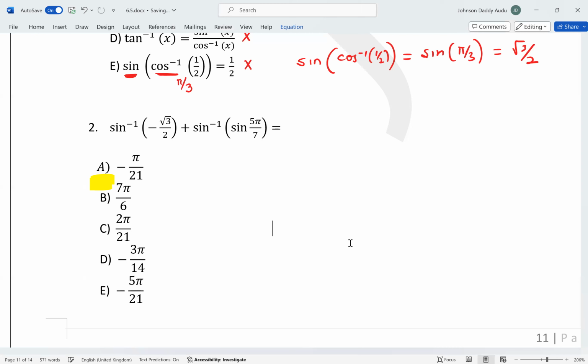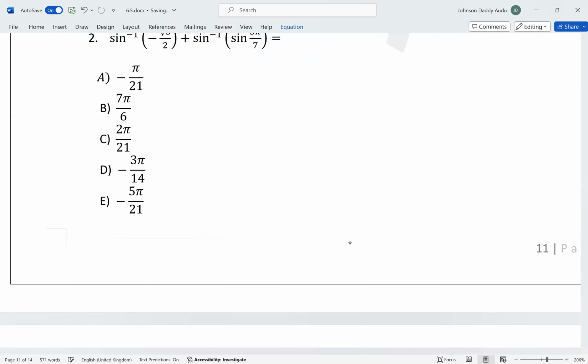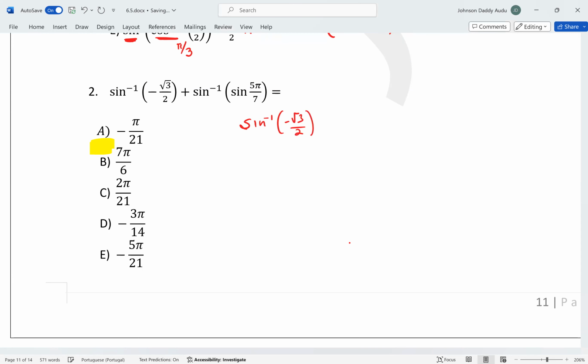We have sine inverse of minus root 3 over 2 plus sine inverse of sine of 5 pi over 7, right? Now, this one we can handle easily.